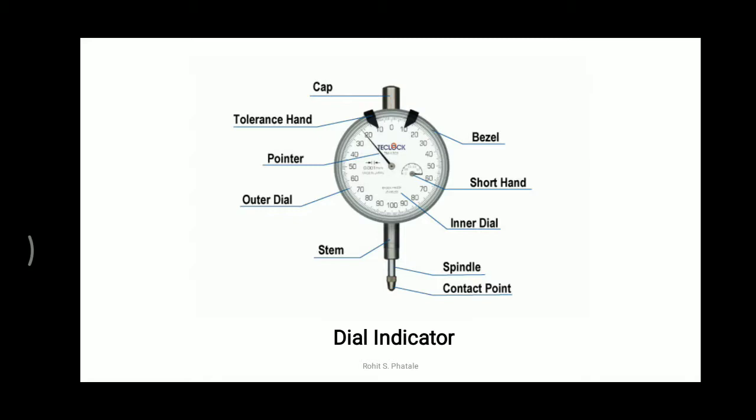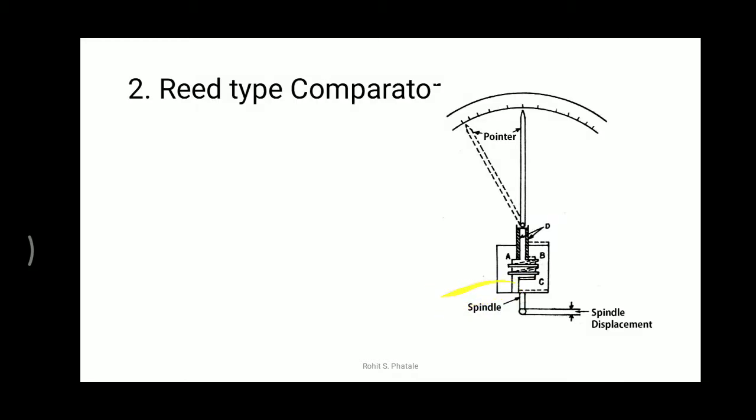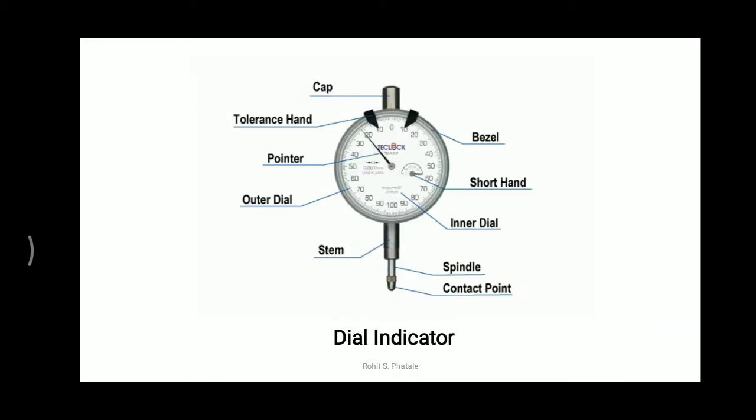As the surface finish of the workpiece over here, if some trough or some crest is there, in that case this stylus or contact point will go inside that trough, or it will come above it. Because of that, the spindle will move up and down.